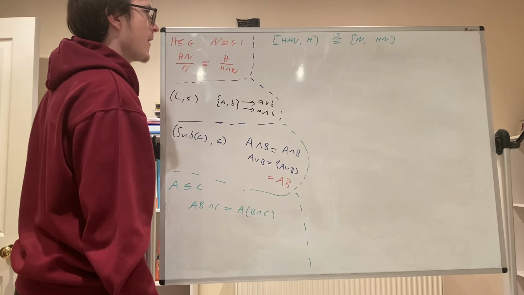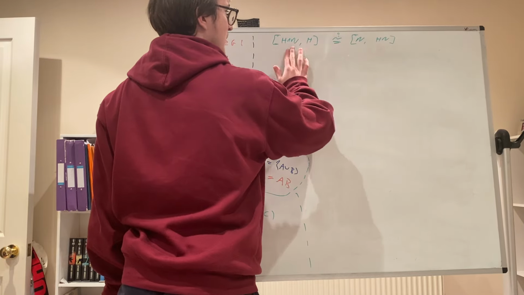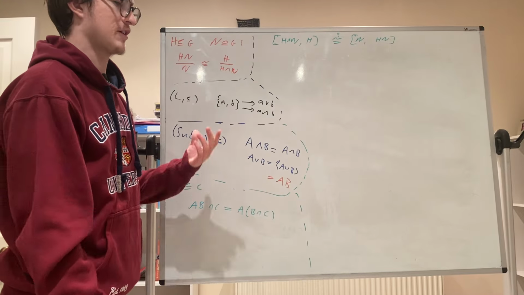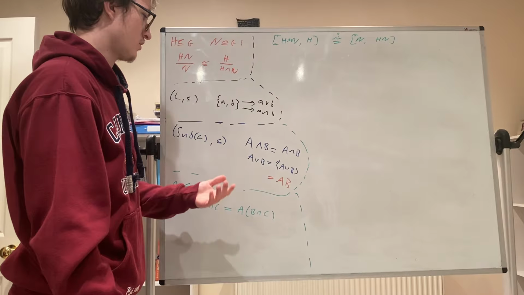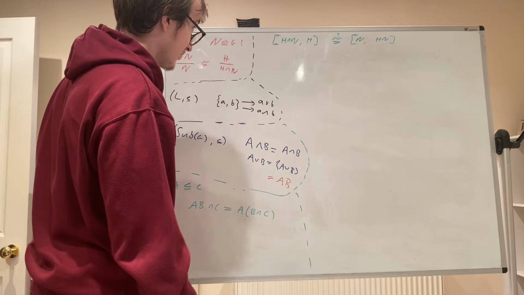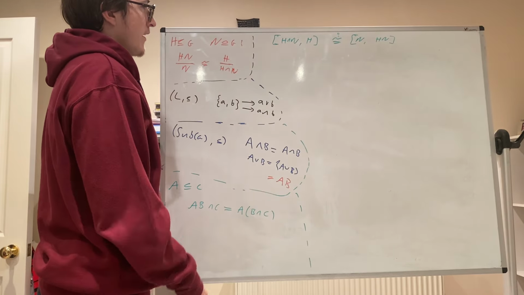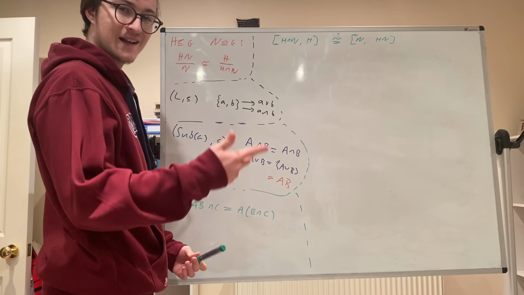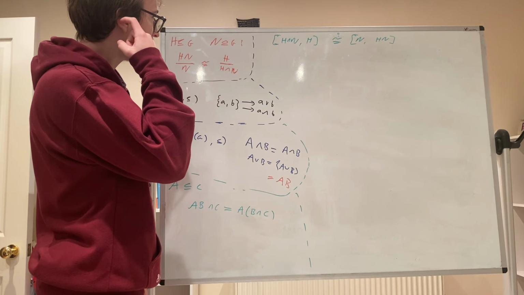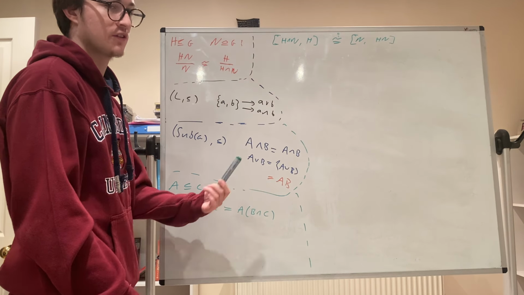And I claim that there's a lattice isomorphism between these two intervals, where a lattice isomorphism is just a bijection that preserves the join and the meet, what you would expect again. Why can I claim this? Well, I'm just going to construct the maps explicitly.